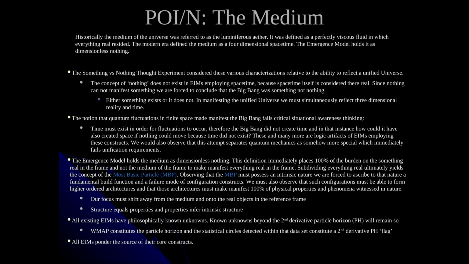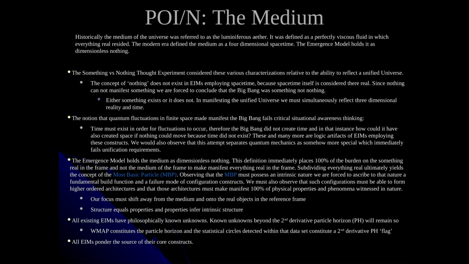But the real point here is that because of the mode shifting of the medium, the way M5 defines it is that it creates a proposition that we need to take our focus off of the medium and onto the things in the reference frame. Because dimensionless nothing can't affect anything, so nothing can't affect something.